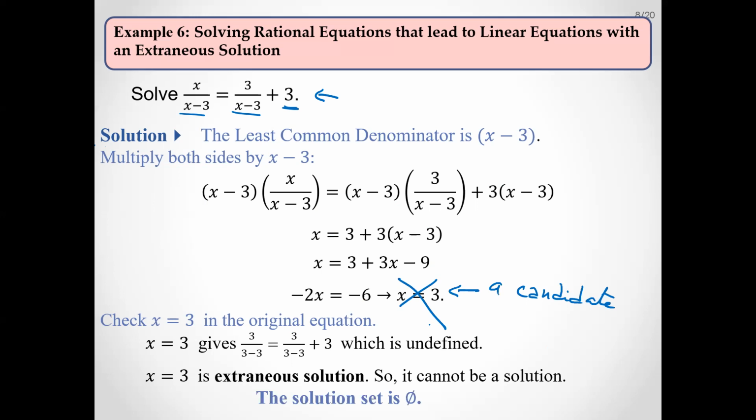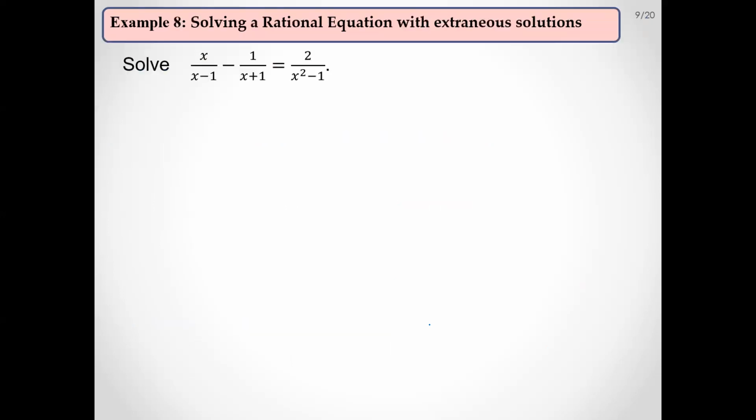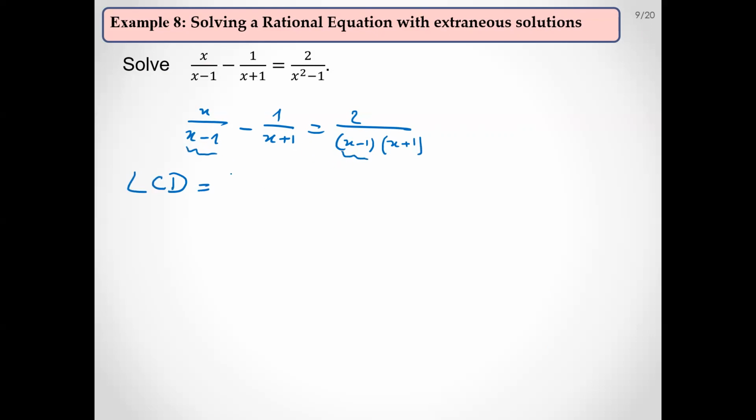Let's see another example. So here, what is the LCD? So we factor all denominators, x squared minus 1, here x minus 1 times x plus 1. So the least common denominator here: x minus 1 appears here and appears here with degree 1.